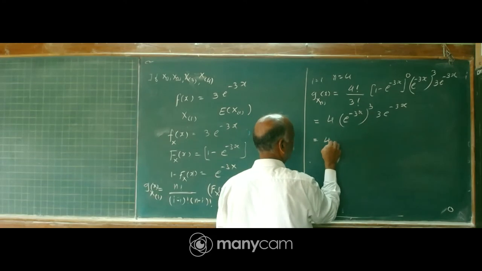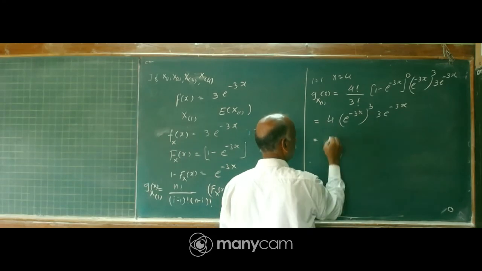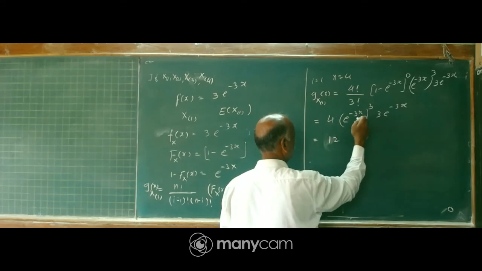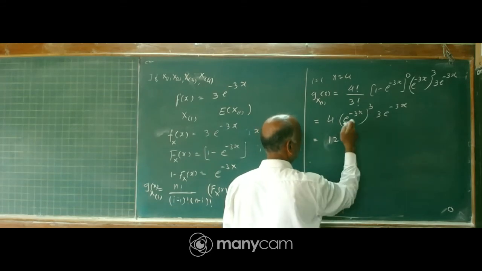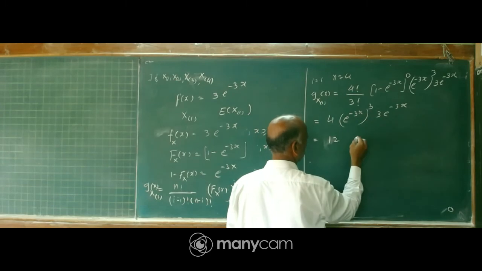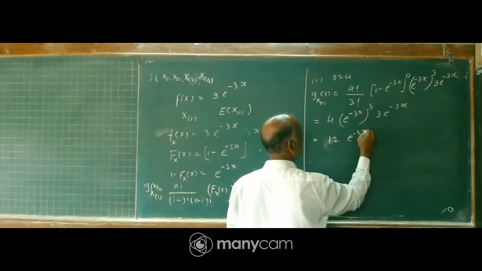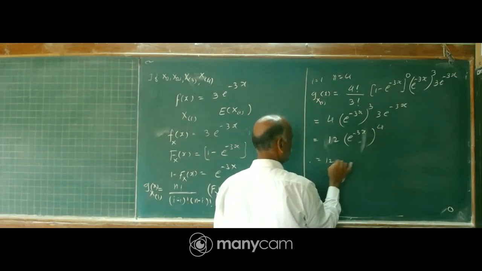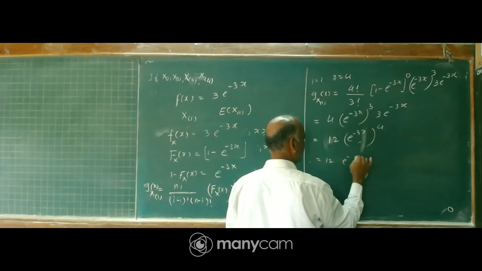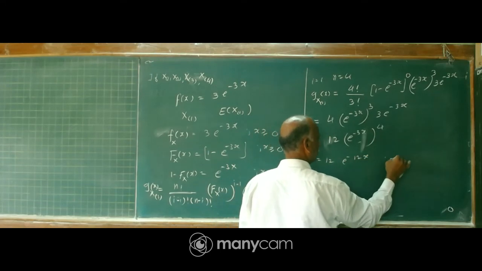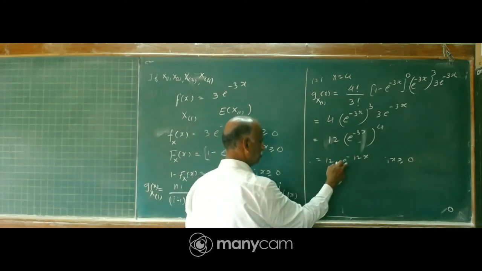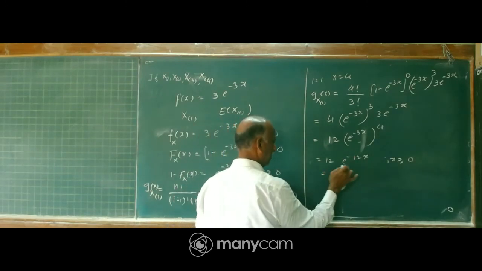So 4 times 3, that is 12, times e raised to minus 3x cubed, which is e raised to minus 9x, multiplied again by e raised to minus 3x. Multiplying, we get 12 e raised to minus 12x for x greater than or equal to 0.